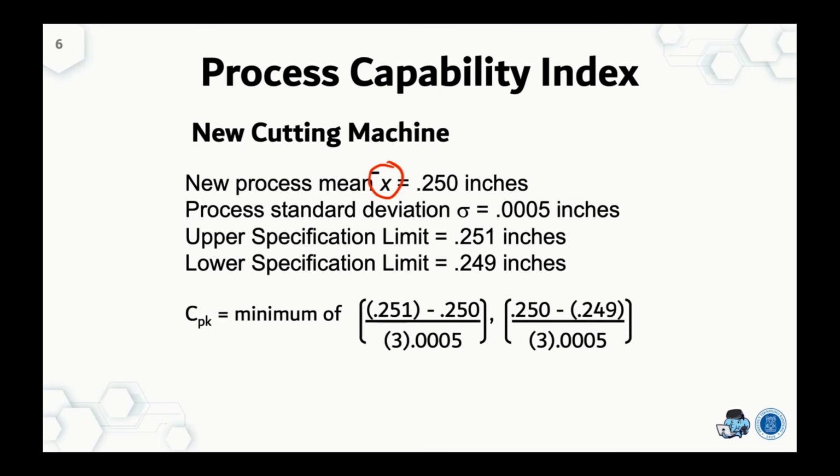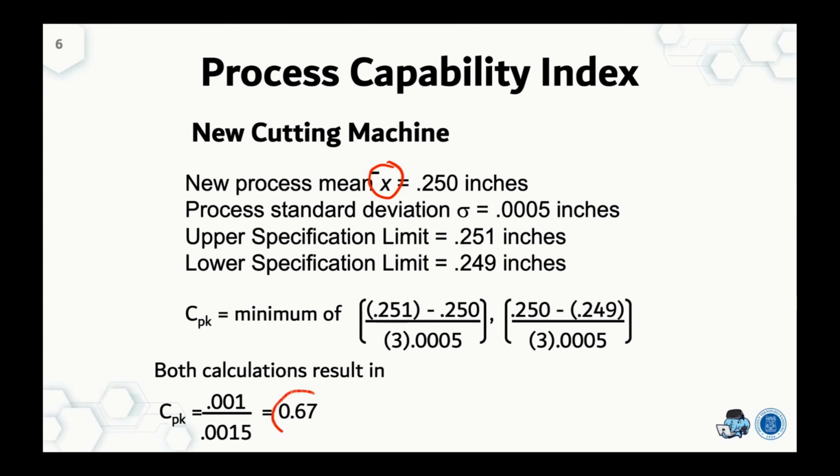We can simply calculate the capability index, which results in 0.65, which means this process is not capable. What happens with a process that is not capable? We need to find a new way to make our process capable. For example, if this machine naturally works in that range, we should buy a new machine or renovate this machine.